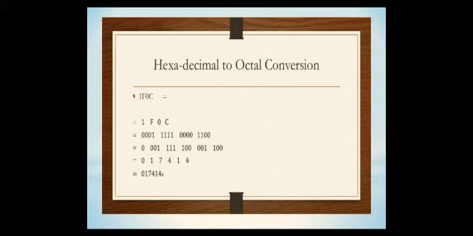Okay, 110 is 6, 001 is 1, 111 is 7, 100 is 4, 001 is 1 and 100 is 4. Okay, finally we get the answer like this, and then we convert it into octal. Like this way we are converting hexadecimal to octal.